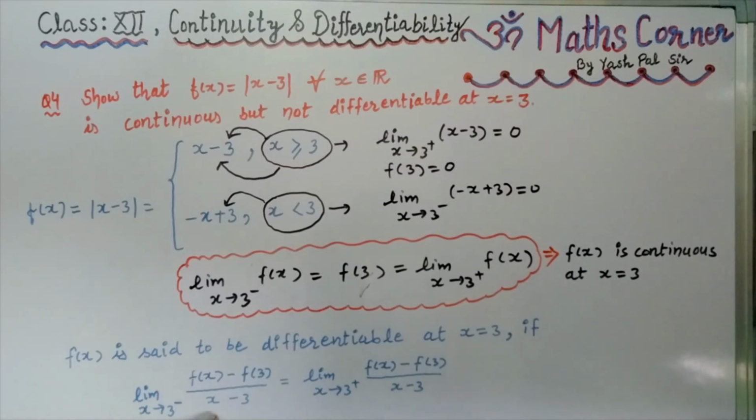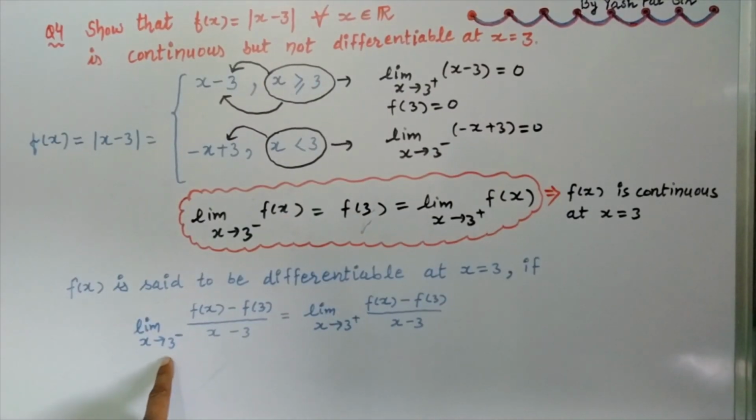f of x is said to be differentiable at x equal to 3 if the left-handed derivative, the limit as x approaches 3 from the minus side of (f of x minus f of 3) upon (x minus 3), equals the right-handed derivative, written with a plus sign, the same expression (f of x minus f of 3) upon (x minus 3).